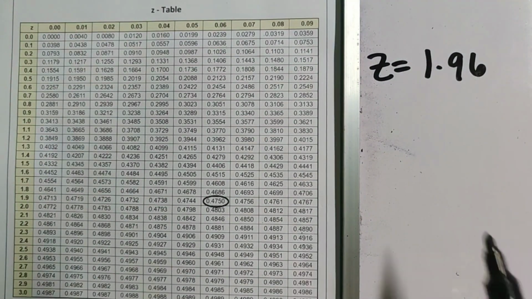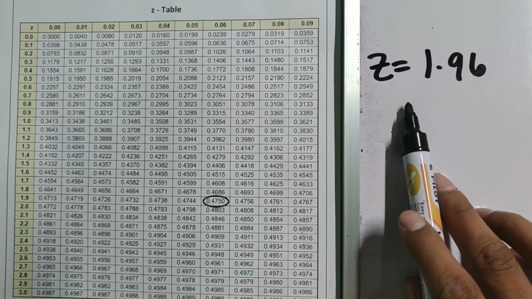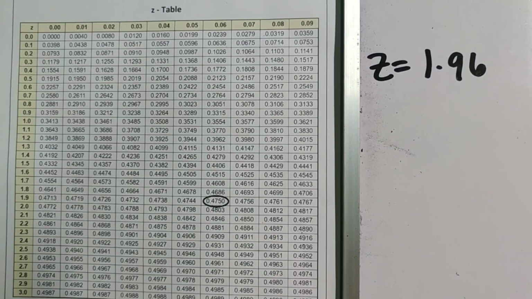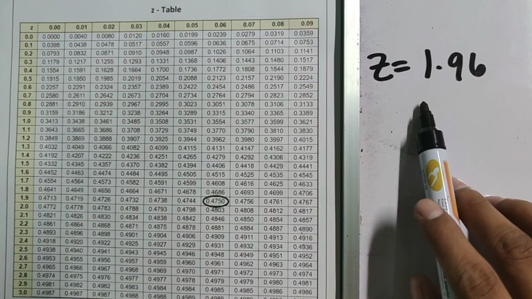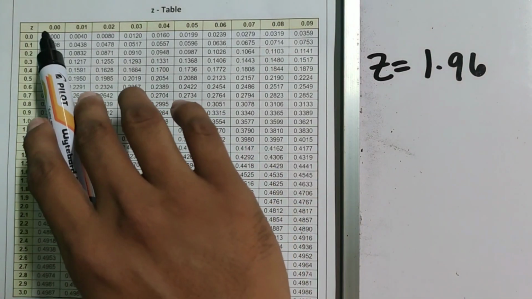So, for example, we have here z is equal to 1.96. We are going to find the area or the probability of z equal to 1.96. Now, in getting the area of this given value of z, we are going to separate it, hahatiin natin into two parts.